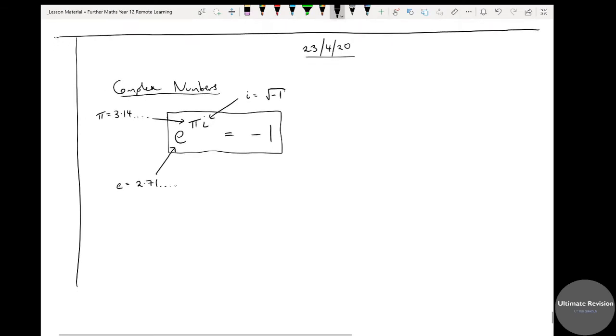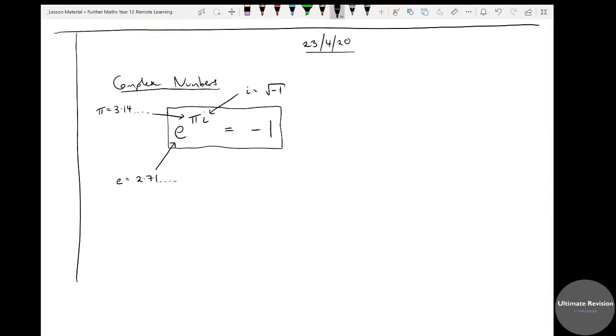Now that equation there, it's not just a beautiful maths equation. There are some practical uses of it. And complex numbers, you may think, well, what's the point of complex numbers? I used to think this at school, and I was never told an answer. And then I went to university and I did a whole module on complex numbers when I was doing engineering, because it comes up in engineering time and time again, and it comes up in electronics.